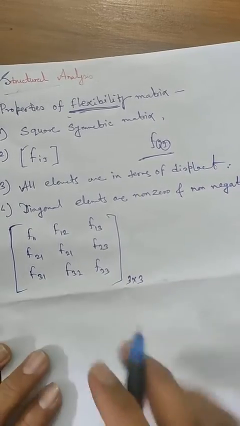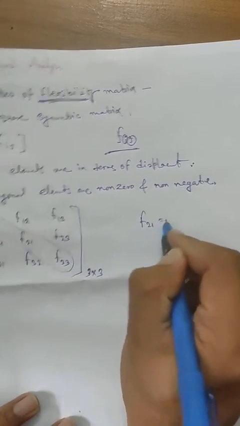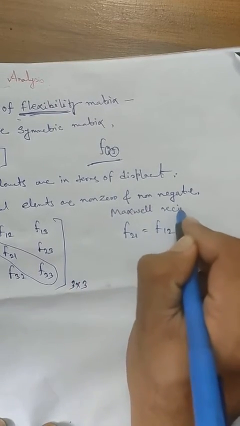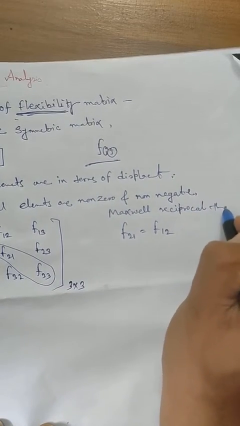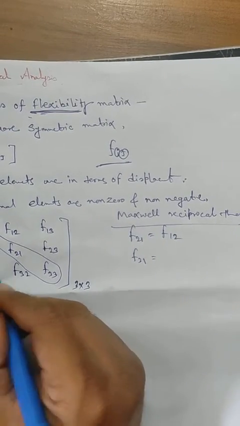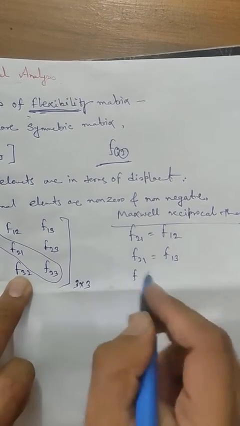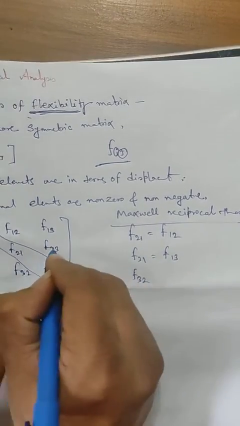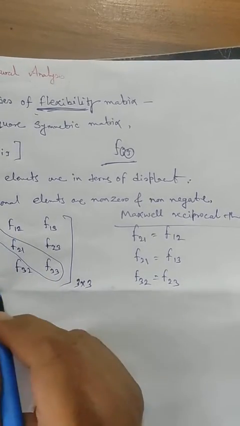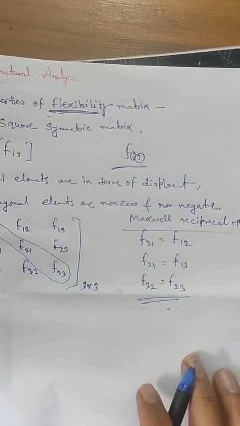Now F21 is equal to F12 as per the Maxwell reciprocal theorem, and F31 is equal to F13, and F32 is equal to F23. So F21 equals F12, F31 equals F13, and F32 equals F23. This is the Maxwell reciprocal theorem.